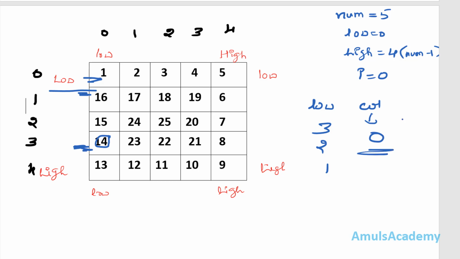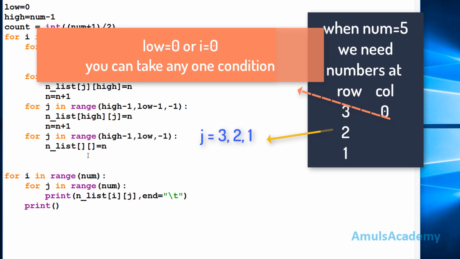So column 0 is nothing but, here we can see, the value of the low variable is also 0. So instead of column we can mention low as the index for column, and here 3, 2, 1, that is the value of j. Here we can see when the num value is 5, high minus 1 value will be 3, so the j will be 3, 2, 1, okay.